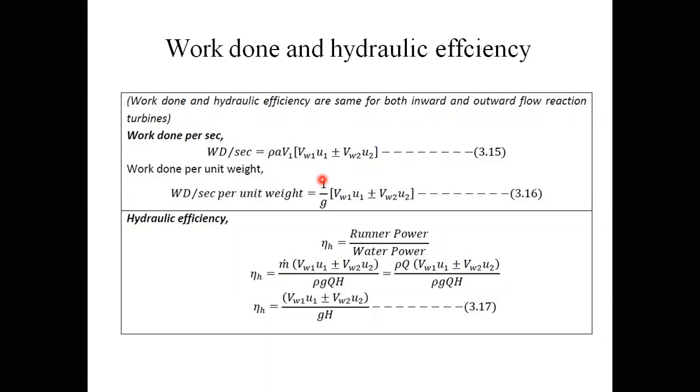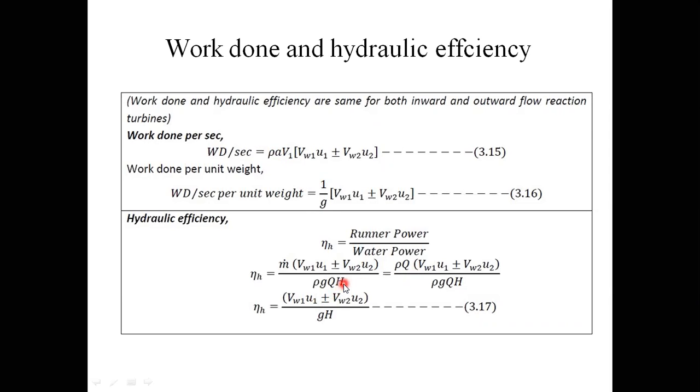After that, finding hydraulic efficiency: it is the ratio of runner power to water power. So how to find runner power? We have found it here, this is your runner power.